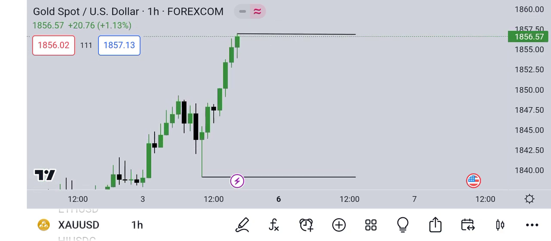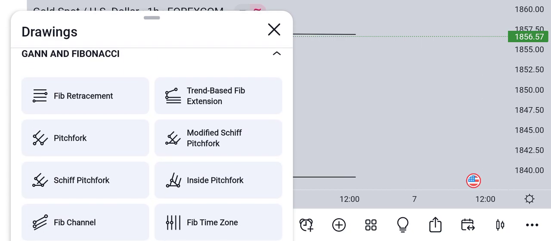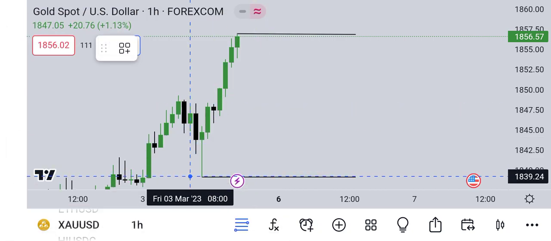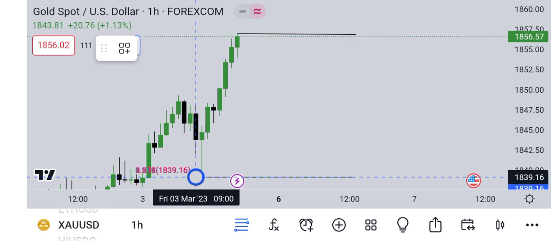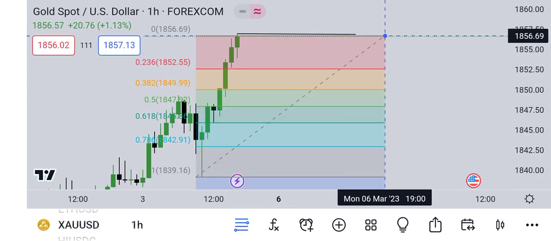Where would I expect it to retrace to? If I look for the 50% of that range, for example, we can have the 50% of the range supporting price to go up.